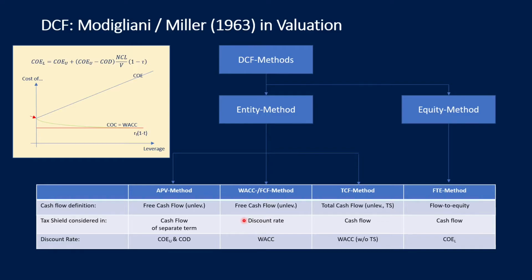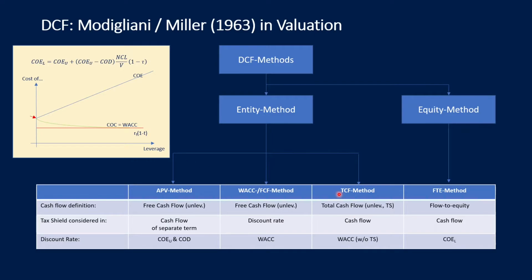So in other words, APV and WACC, or free cash flow method, are both based on the same cash flow definitions, but they have different discount rates. So the difference between the discount rates, of course, must reflect this individual term from the APV method. The discount rate here is the WACC that we already see here.